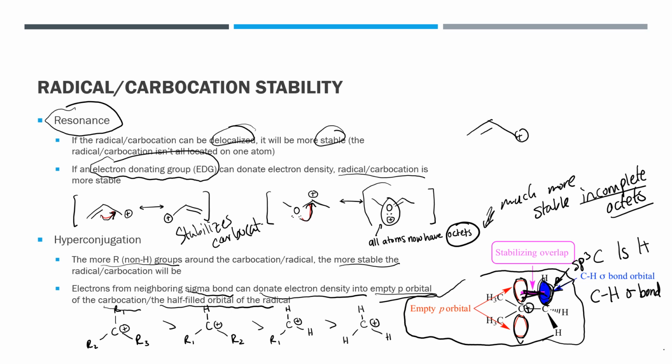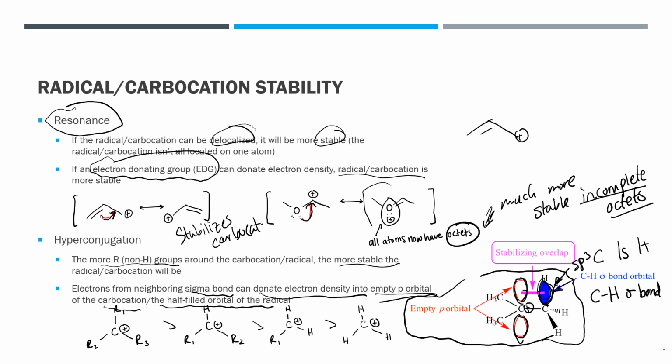And this is called hyperconjugation, where we have this sp3 orbital of the carbon giving a little bit of its electron density to that p orbital, and that slightly stabilizes it because now our carbocation is a little bit closer to an octet. It's obviously not perfect, but it is more stable than it was before.